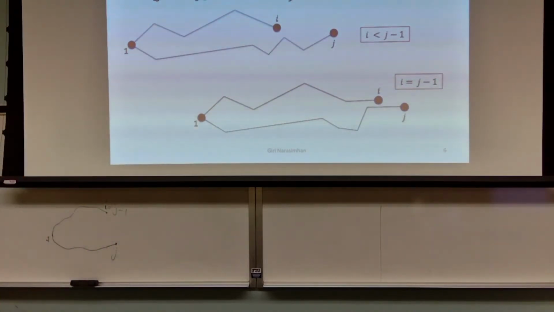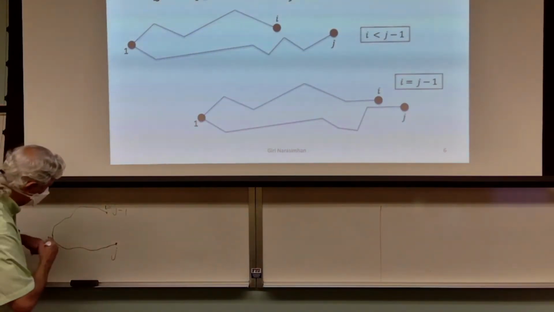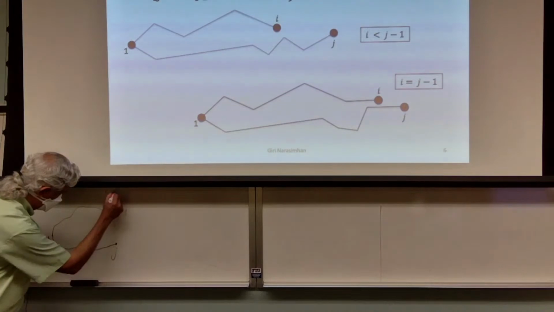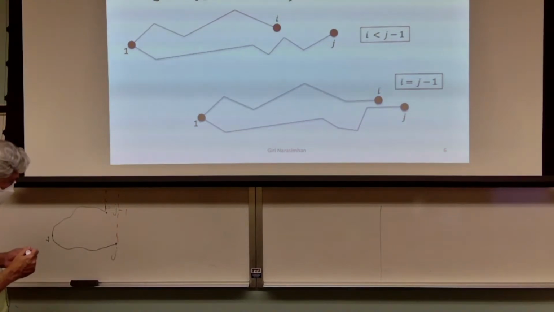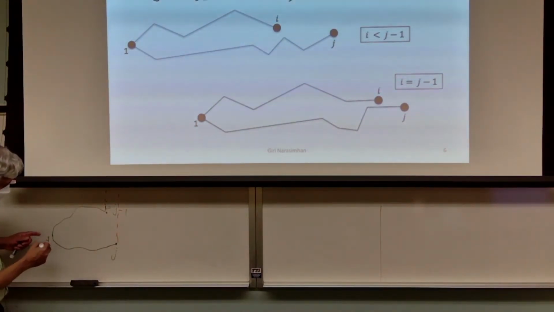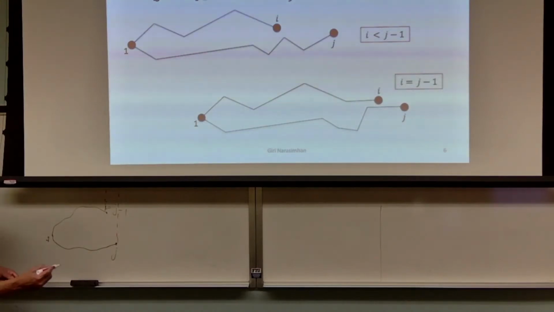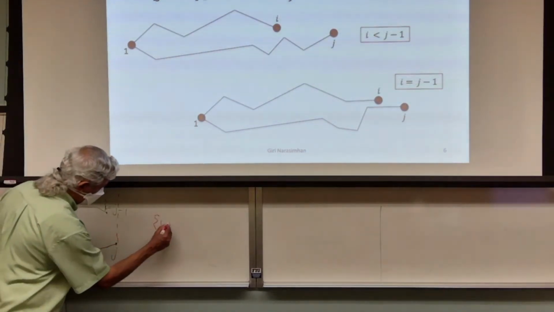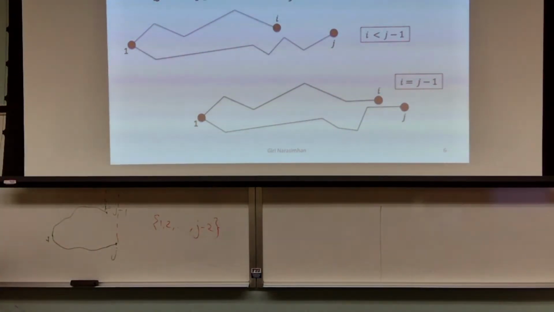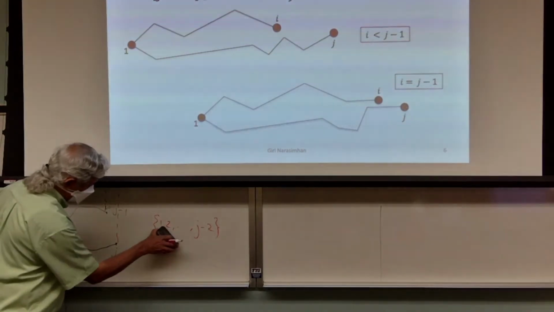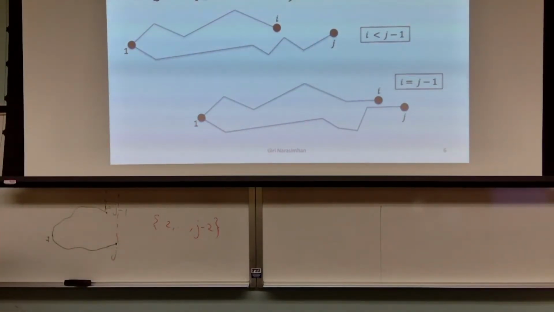This is the case we are trying to grapple with. What that means is, if I draw these vertical lines here, there are no points in between there. So we know that we have to deal with all the other points from 1, 2, 3 up to j minus 2. And I don't have to worry about 1 because 1 is on both curves. Everything between 2 and j minus 2, either I have to put it on the top path or the lower path. I just don't know which.